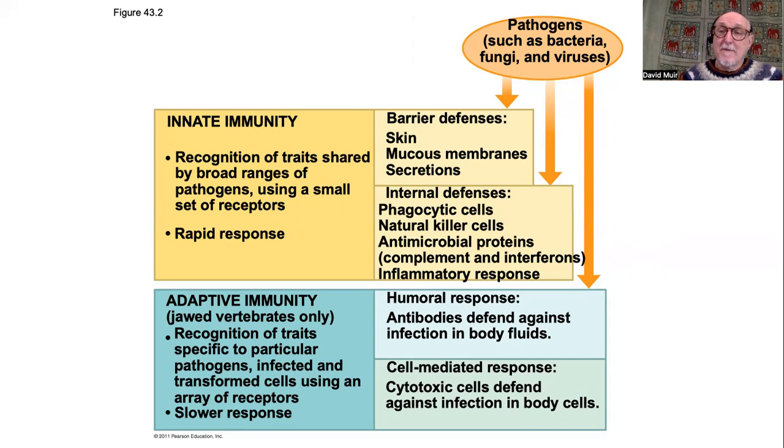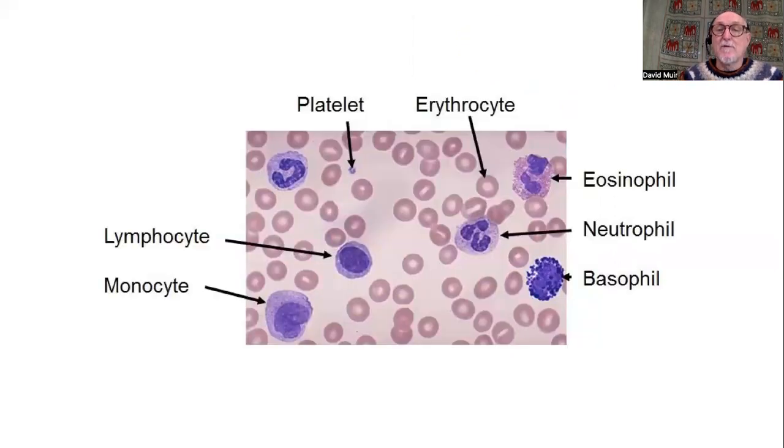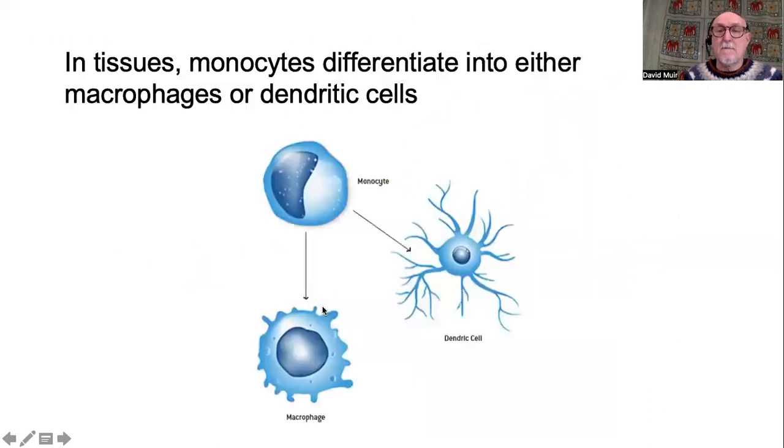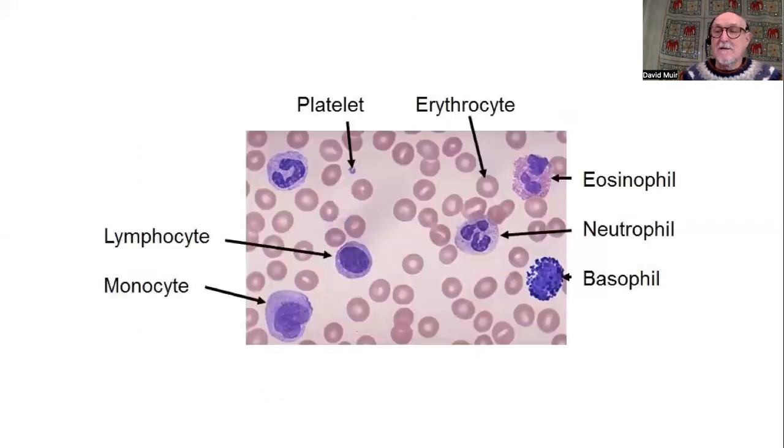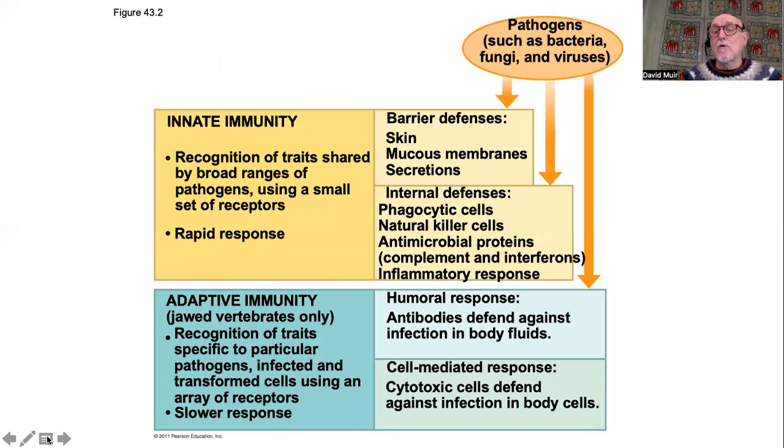The initial, most important phagocytic cell is a macrophage. Let me go back here, this is the macrophage here. So the macrophage is actually able to ingest and digest pathogens that it recognizes. It can also recognize the debris or non-living things which are foreign as well, and attempt to ingest them and digest them.